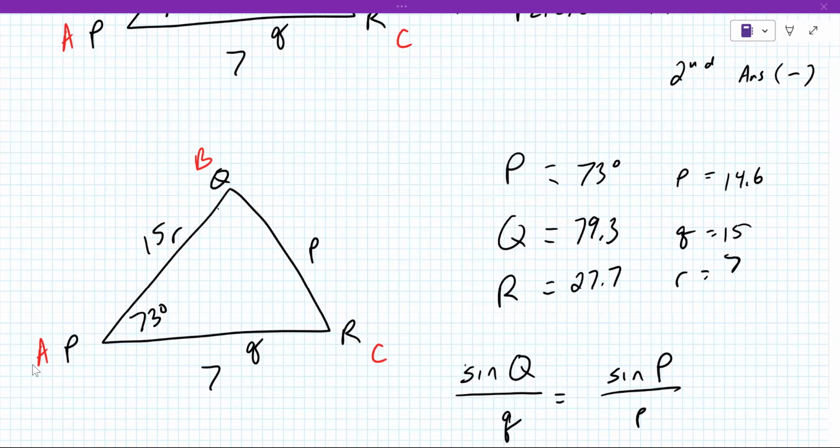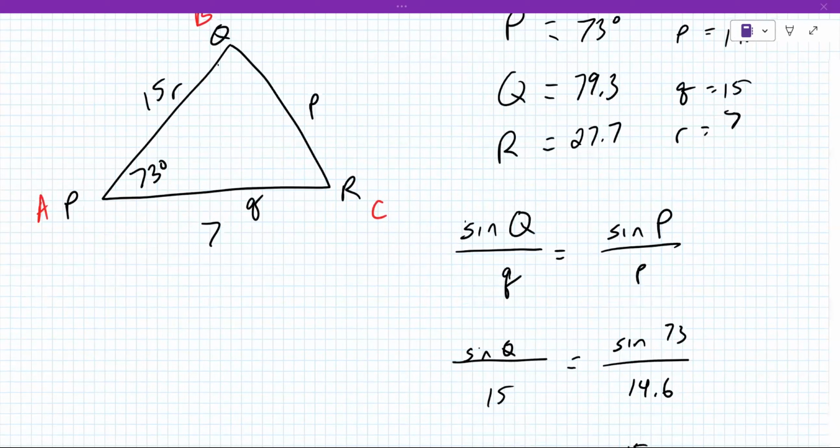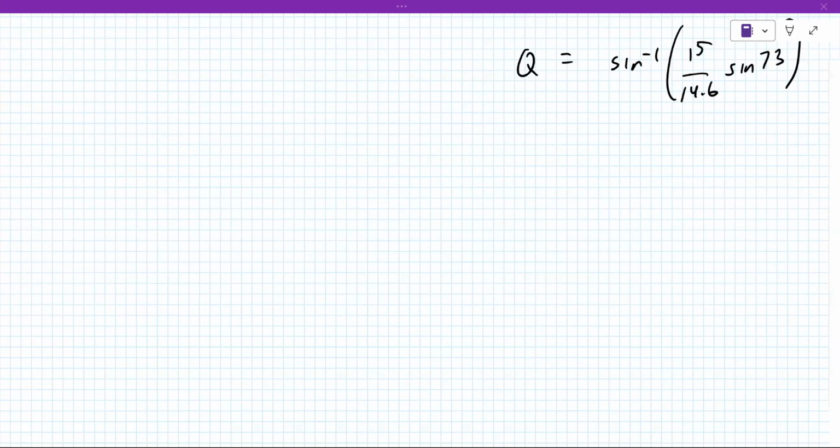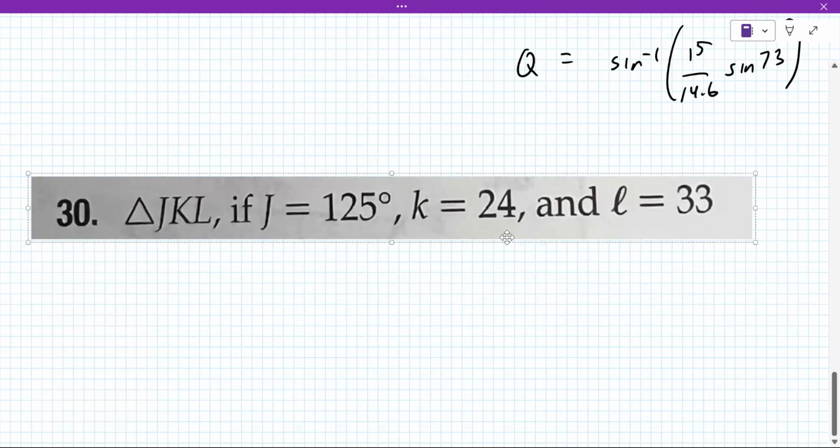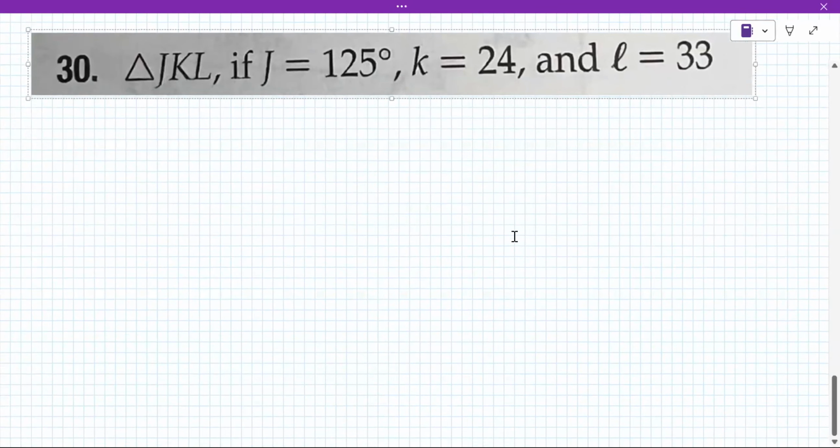It's just odd that your instructors intentionally didn't give you one where you're given all three sides, which is a big part of law of cosines. So this one you're again given angle, a side, an angle, and a side.